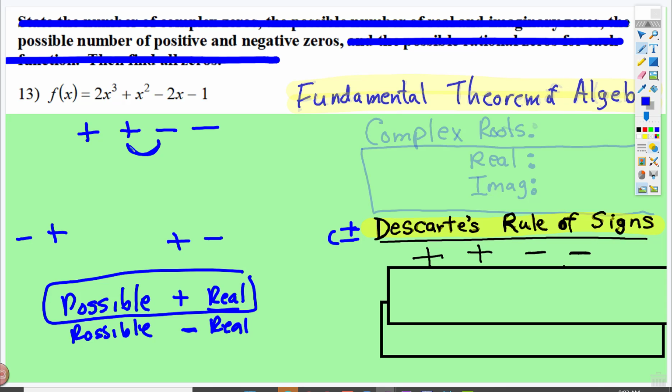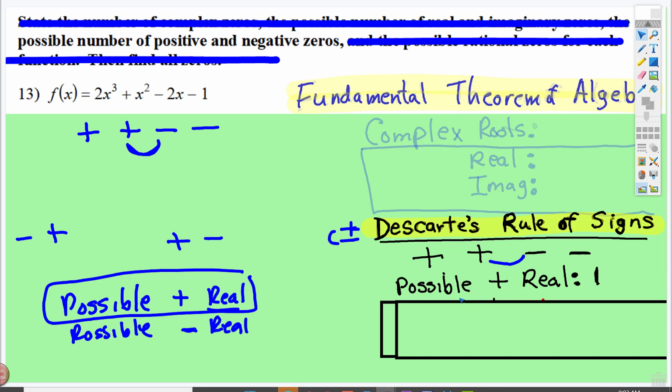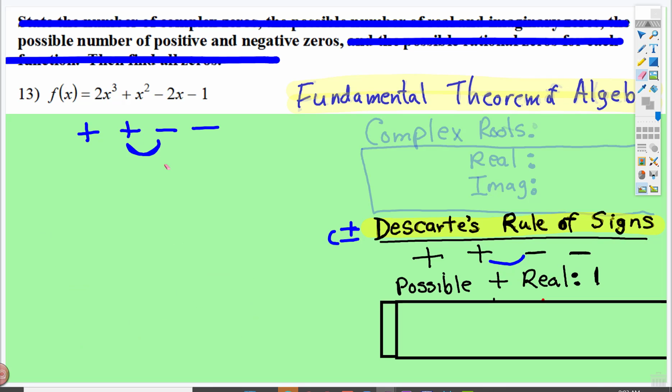Well, only one place, right there, from here to here. So for possible positive reals, there's only a possibility of one positive root. So let me erase all this.